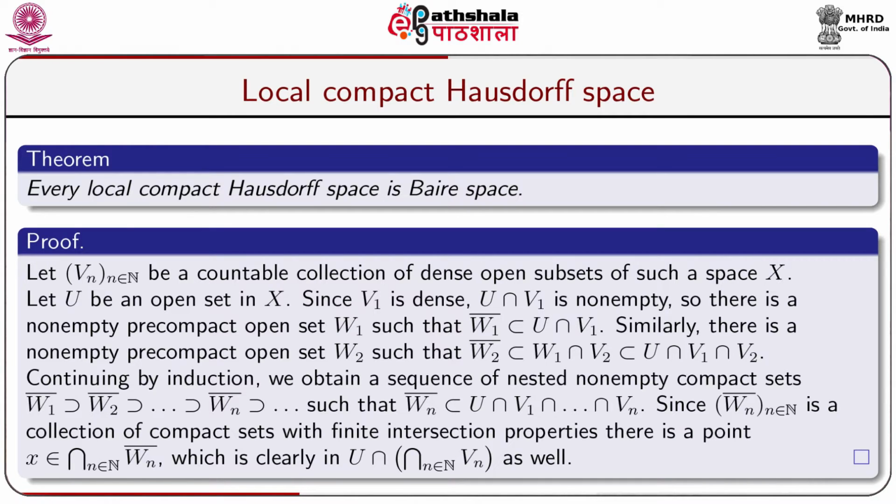That means we can choose a point x from the intersection of closure of Wn, which is clearly contained in U intersection the intersection of Vn. Hence, we have proved that U intersection the intersection of Vn is non-empty. That means the intersection of Vn is dense in X. So, we have proved that every locally compact Hausdorff space is a Baire space.